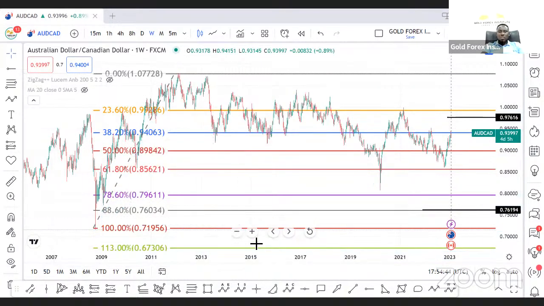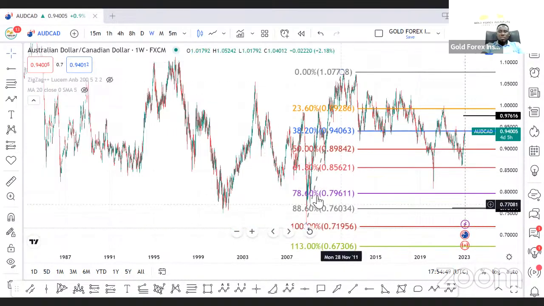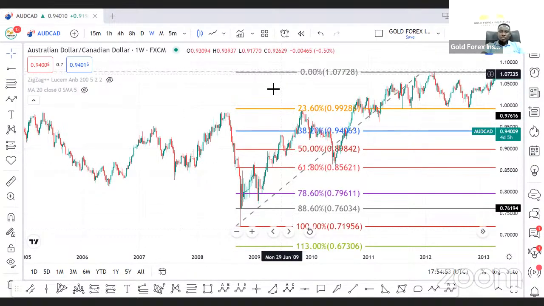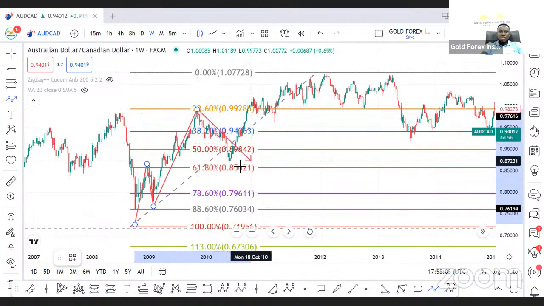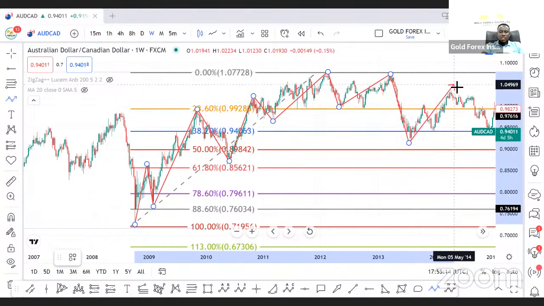Impulse, correction, impulse, correction, impulse, correction, impulse, correction, impulse, break of market structure, retest. This was the break of market structure.